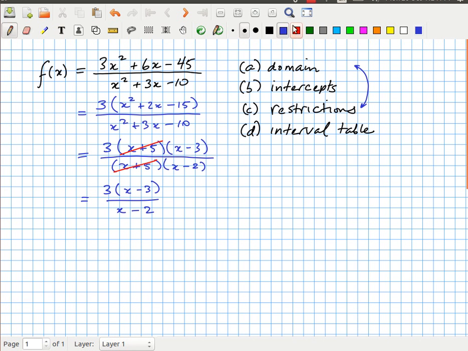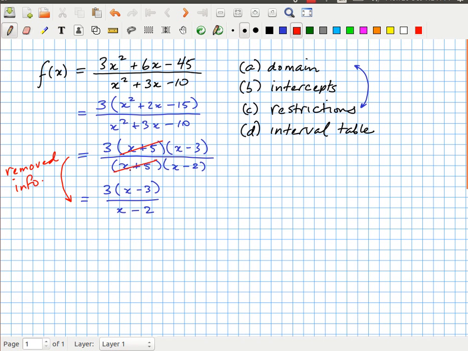And now in this case, because we have divided out this factor of x plus 5, because it was common, in moving from this step to this step, I have actually removed some information about the function, and that information had to do with this factor x plus 5, and in particular it had to do with dividing by this factor.